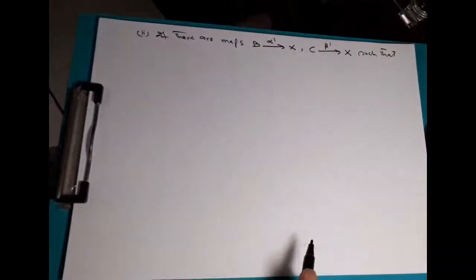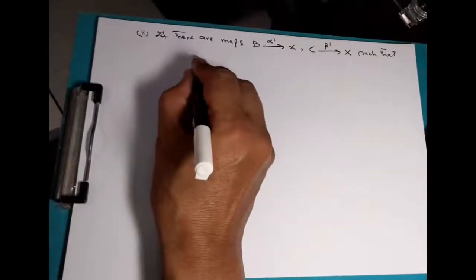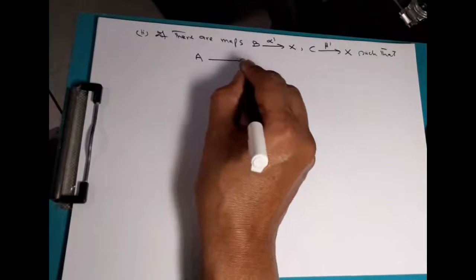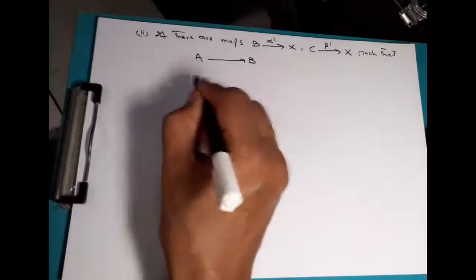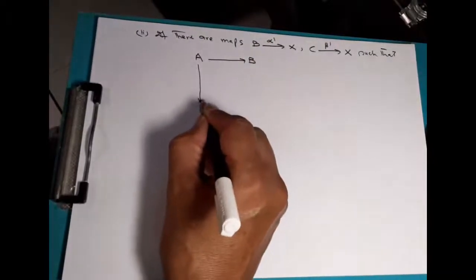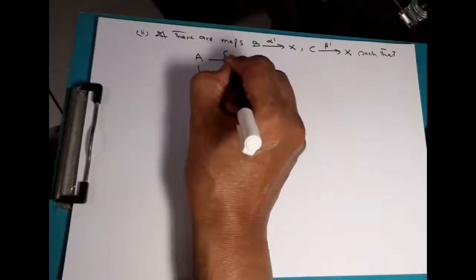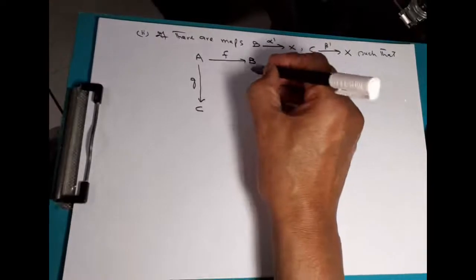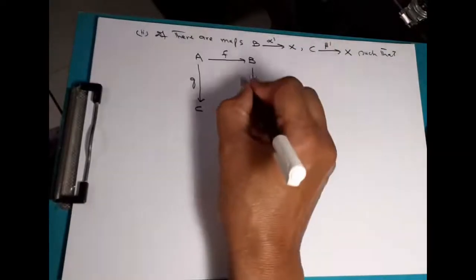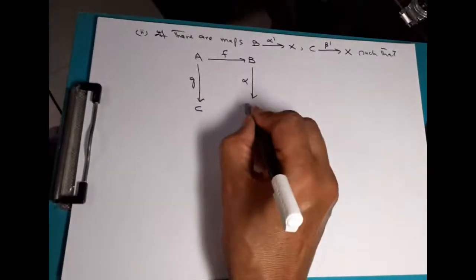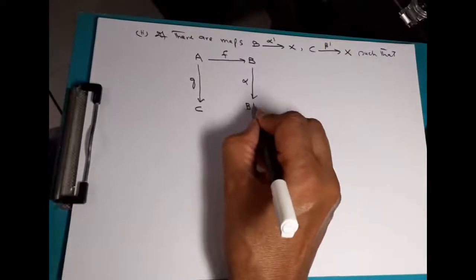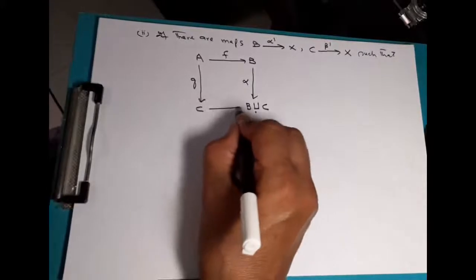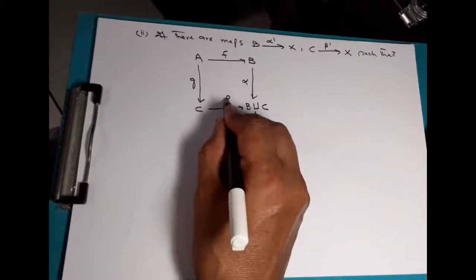Let me draw the diagram first. So note that we have a function from A to B, we have a function from A to C, this function is F, this function is G, and then we have this map alpha to the disjoint union, and the map from C to this is beta.